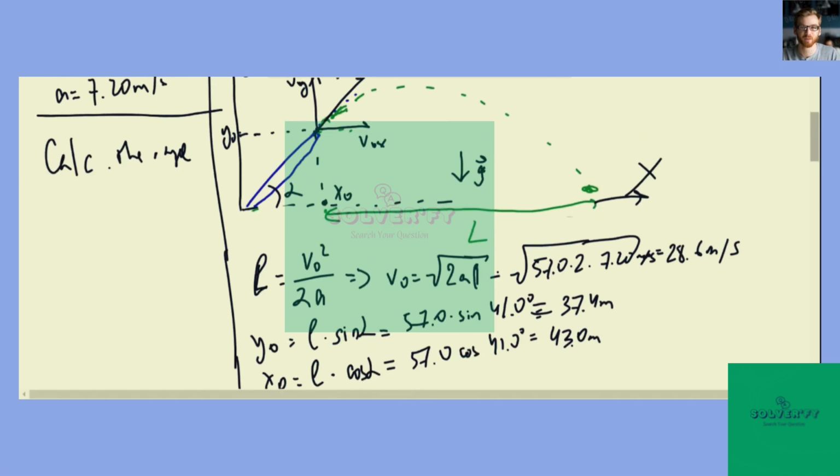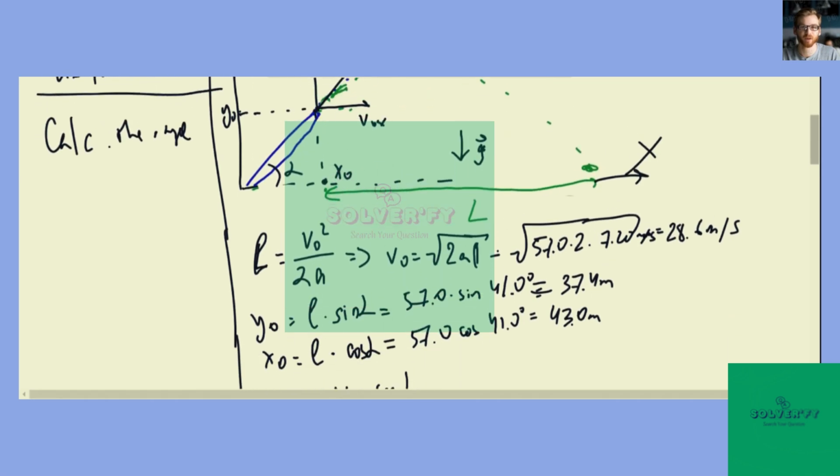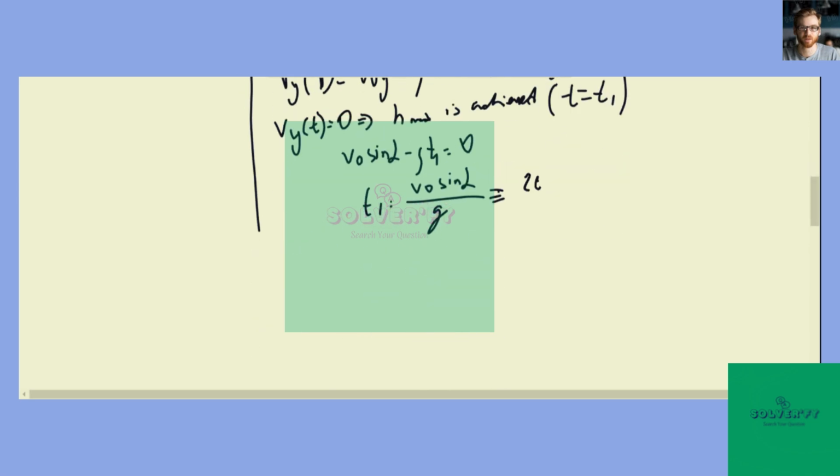We've already calculated v0. It is 28.6 meters per second times sine of 41 degrees over g. Let's calculate it.